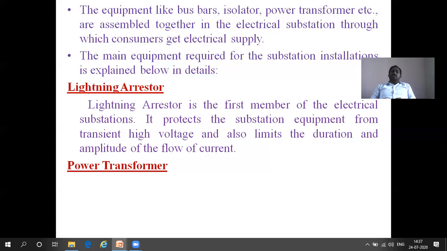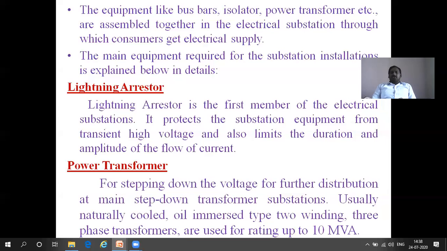But the transformer used in the city substation, that means the transformer which can receive the transmission voltage directly, is called a power transformer. Those power transformers are installed in the substation. So the main one is the power transformer in the substation.